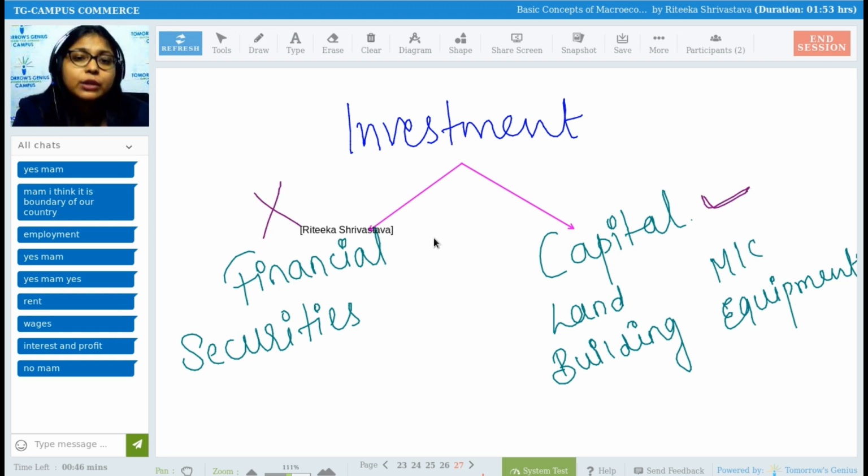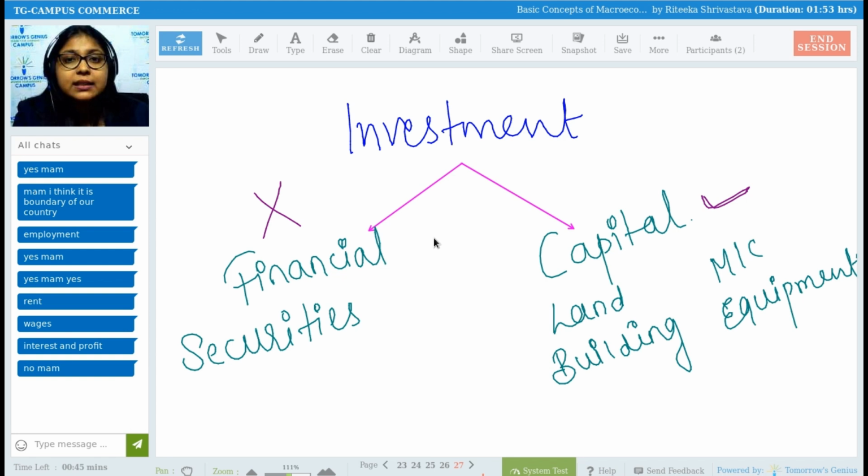In economics, we do not talk about financial investment. Financial investment you will be studying under your accountancy subject. But when we study economics, we only and only focus attention on capital investments.